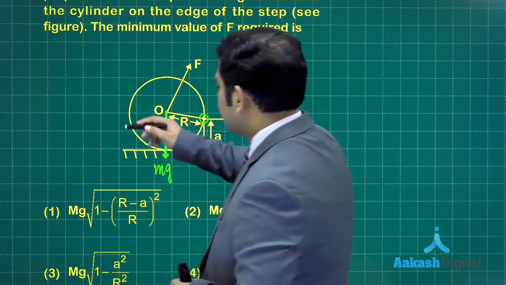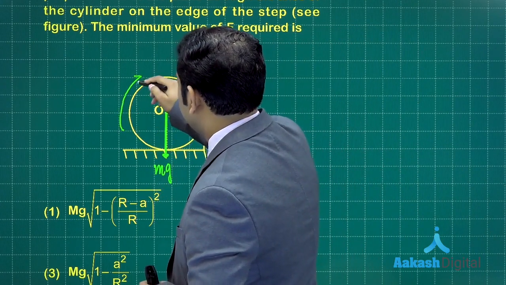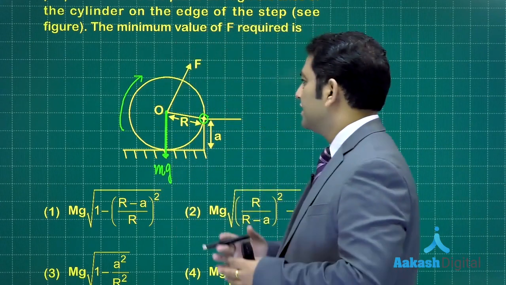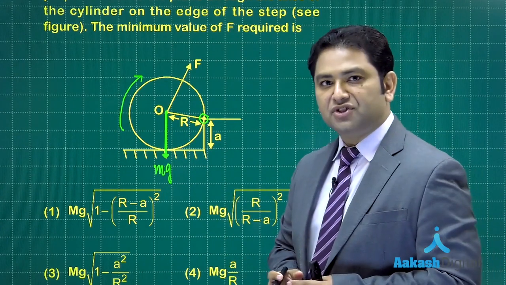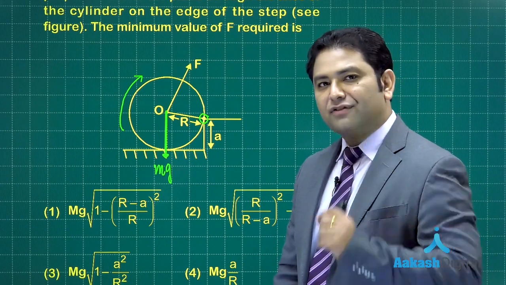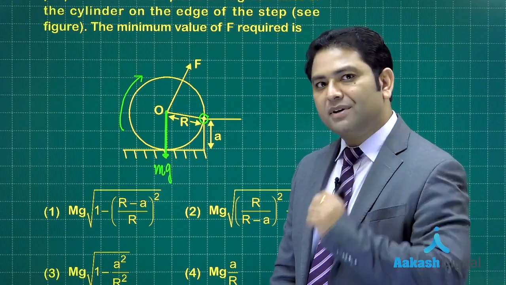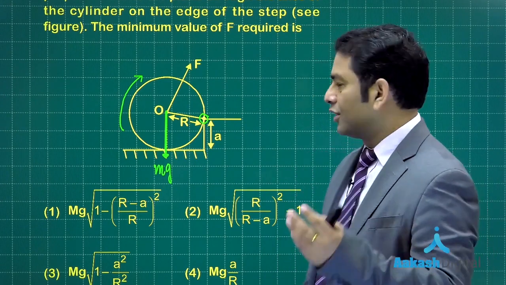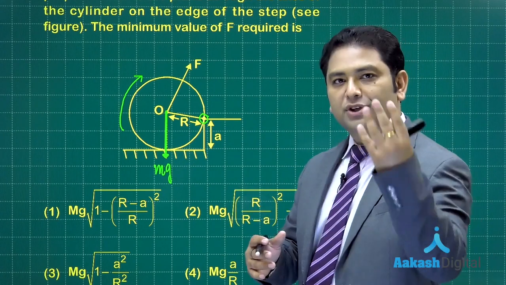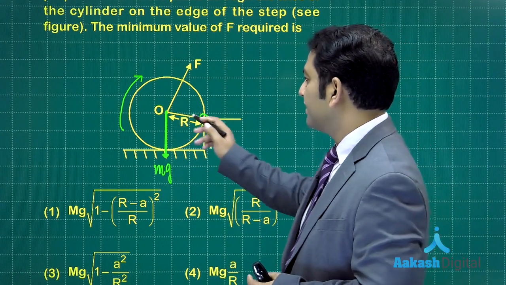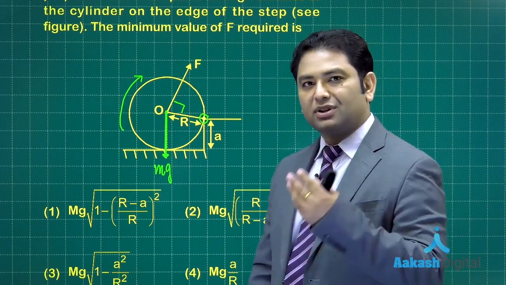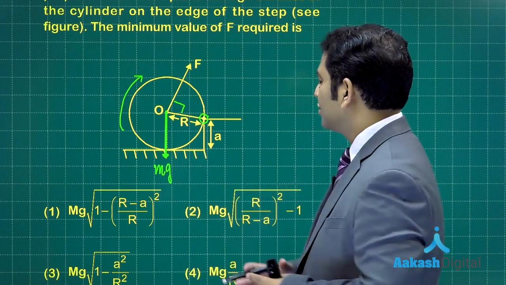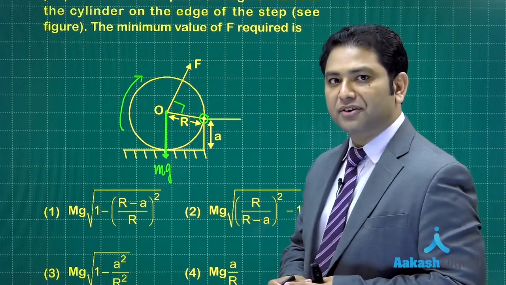Now since the cylinder has to climb above this step, the torque due to the force has to be greater than that due to mg. Apart from that, it also says minimum force. So of course, with a minimum force, to produce maximum torque for a given distance, the angle has to be 90 degrees. That can be understood, or the conclusion can be drawn.